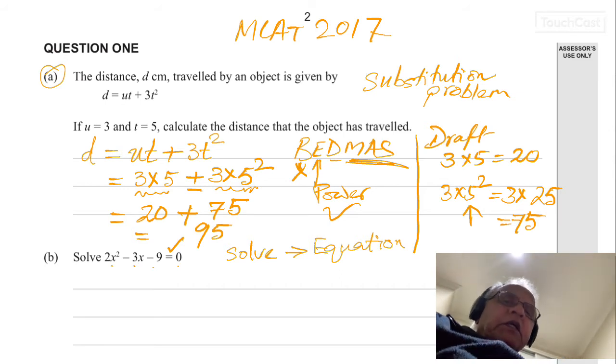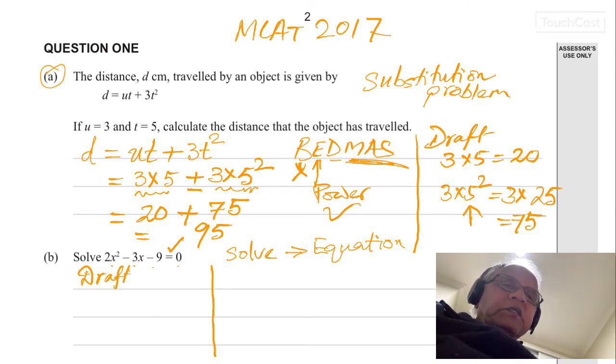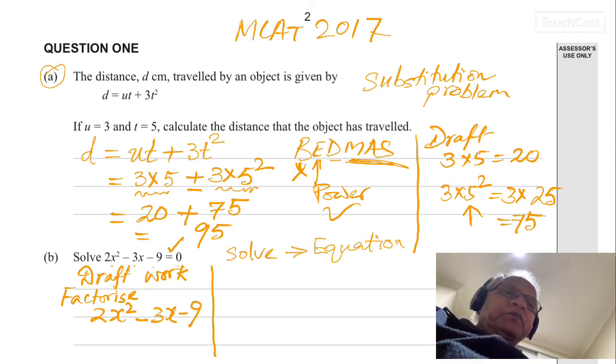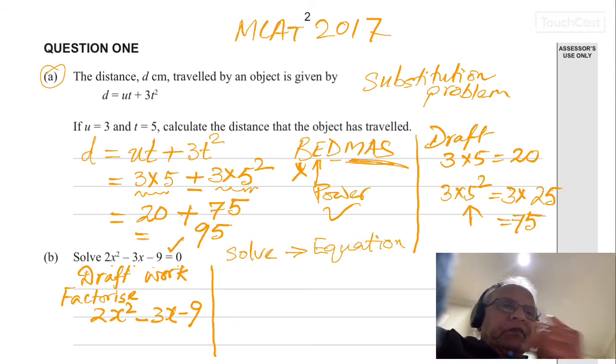Now the first thing, I always emphasize, do some draft work, which is to factorize 2x squared minus 3x minus 9. That's the first thing we've got to do, right?